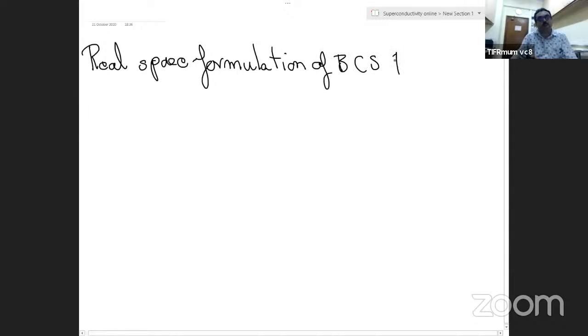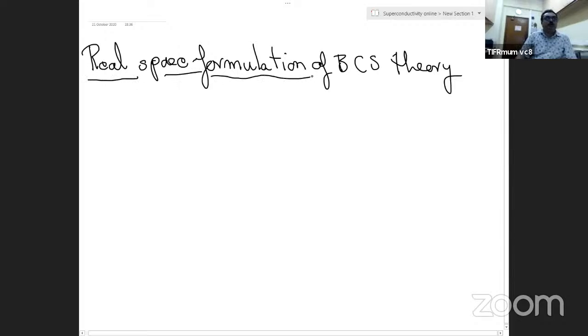Okay, so what we will do today is the real space formulation of BCS theory. Now why do we want to do real space formulation?